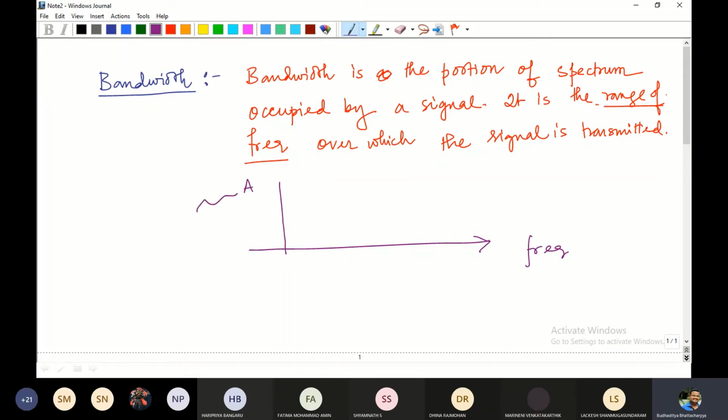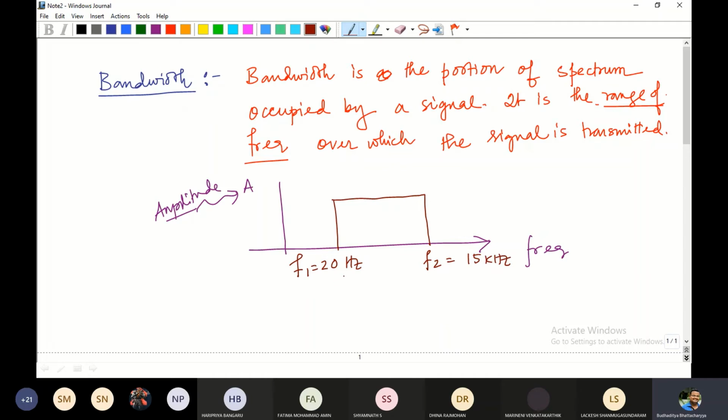So this A is nothing but the amplitude of the signal, whatever constant value it might be having. So in this, suppose I have a frequency band displayed like this, where this is f1 equal to 20 hertz and this is f2 which is 15 kilohertz.